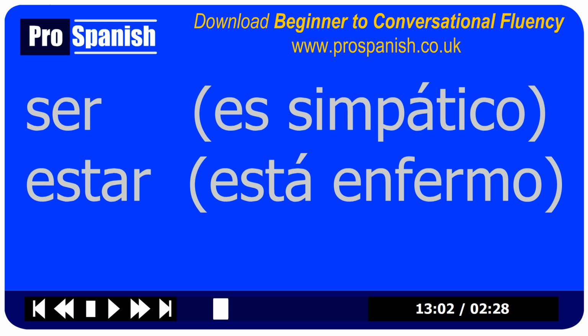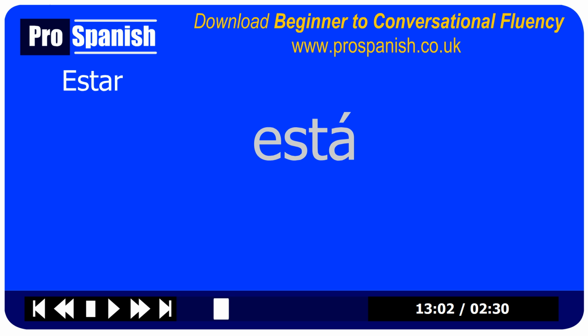And we'll start by looking at está from the verb estar. We use estar to say where something is and to say how somebody's feeling. So where and feelings.